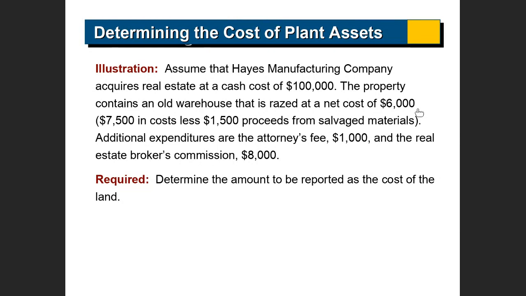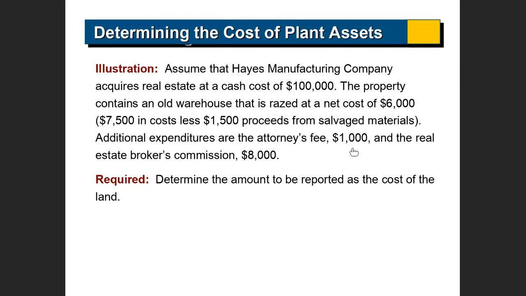There is an old warehouse, a building that they don't want, so they demolish that building, and it costs them $7,500, and the scrapped material from that demolition is sold for $1,500. There are companies that buy it and can reuse it. So the net cost of getting rid of that building is $6,000.